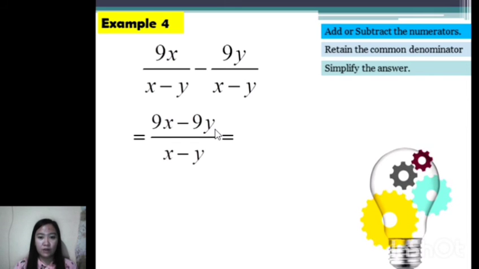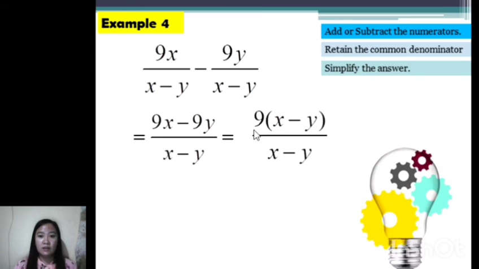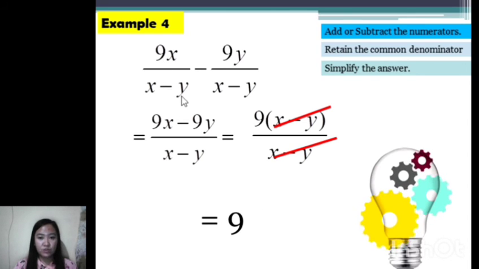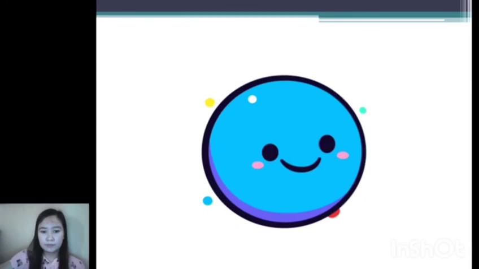The common factor is 9. So that will become 9 times the quantity of x minus y over x minus y. Canceling x minus y, that is equal to 9. 9x over x minus y minus 9y over x minus y is equal to 9.